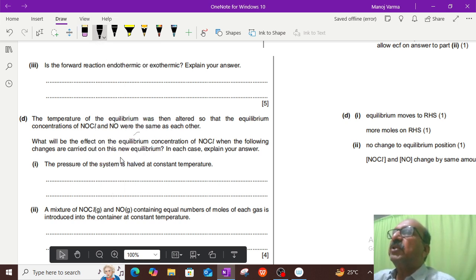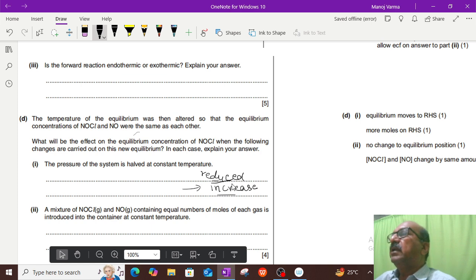If the pressure is reduced, then the equilibrium will try to increase the pressure, because it will oppose. To oppose the reduction, it tries to increase.